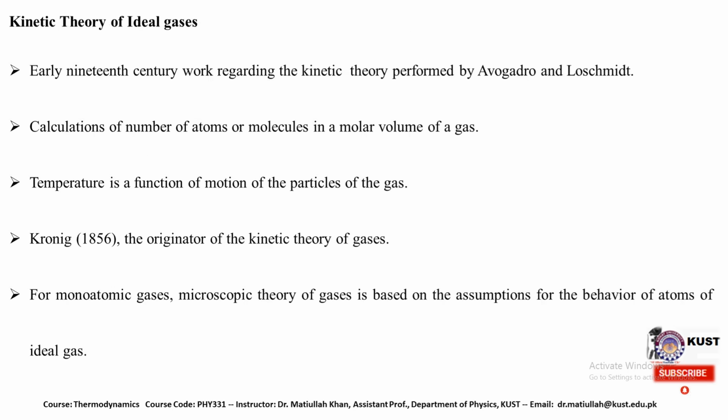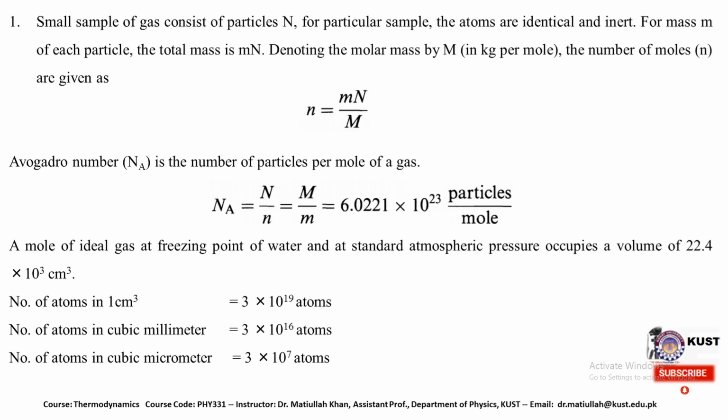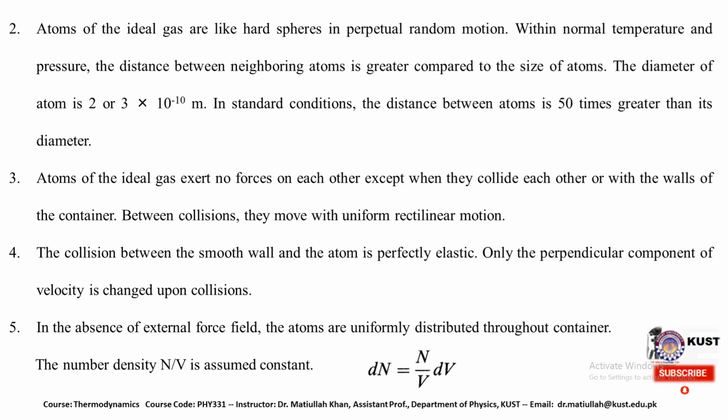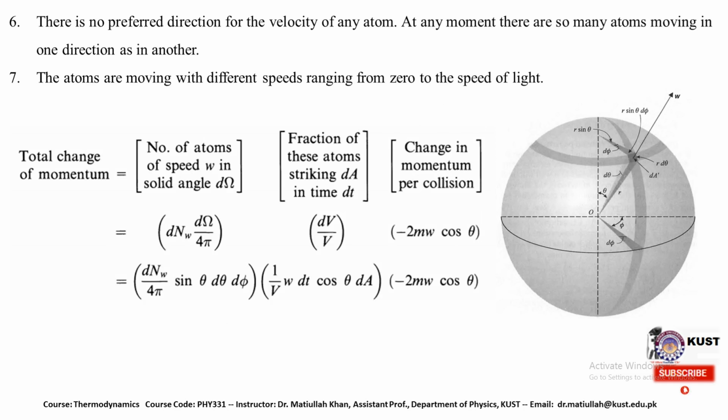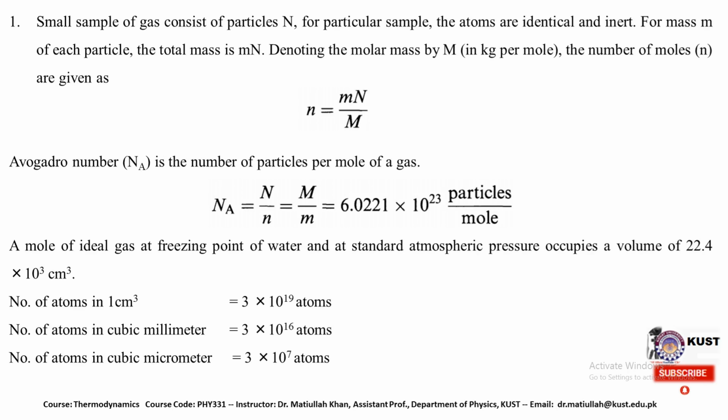This kinetic theory is based on a few assumptions that were discussed in the beginning. The first assumption was that a particular sample of gas consists of a very large number of particles, described by the Avogadro number of atoms in a molar mass.